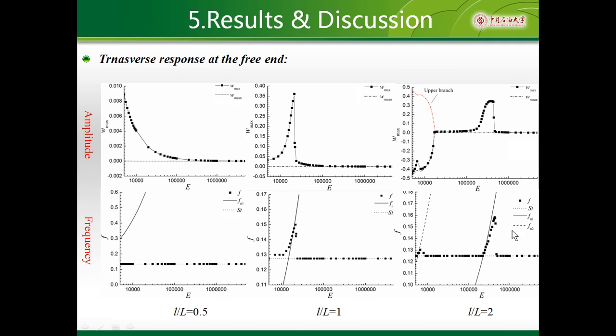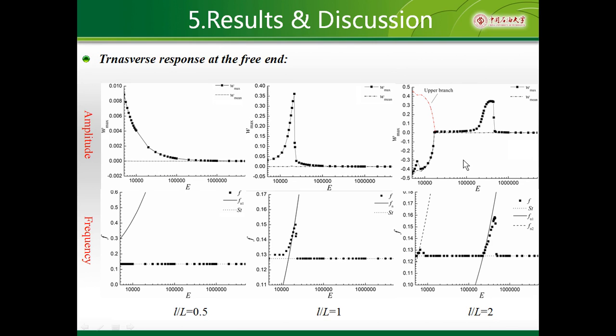As shown in this figure, in this region and this region, lock-in appears, and the vibrating frequency of the plate is locked to the natural frequency, to the first natural frequency and the second natural frequency. Meanwhile, the vibrating amplitude is also increased in these two regions.